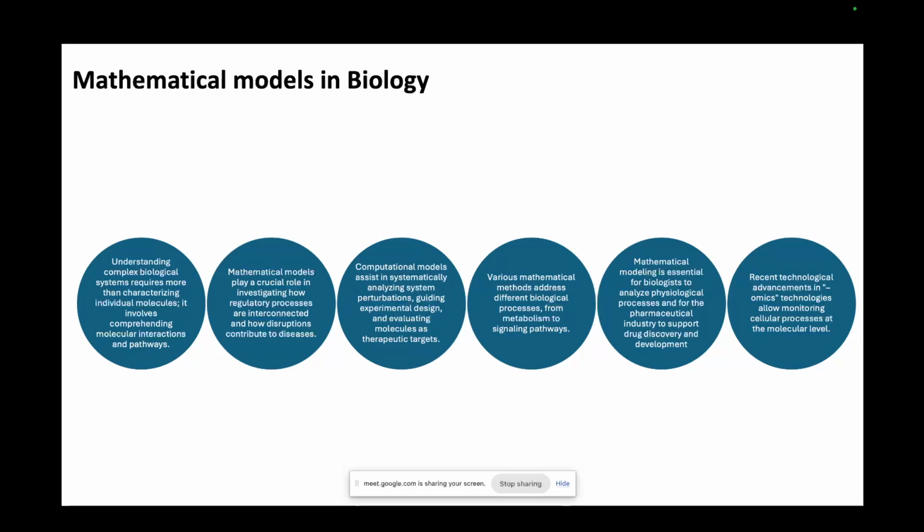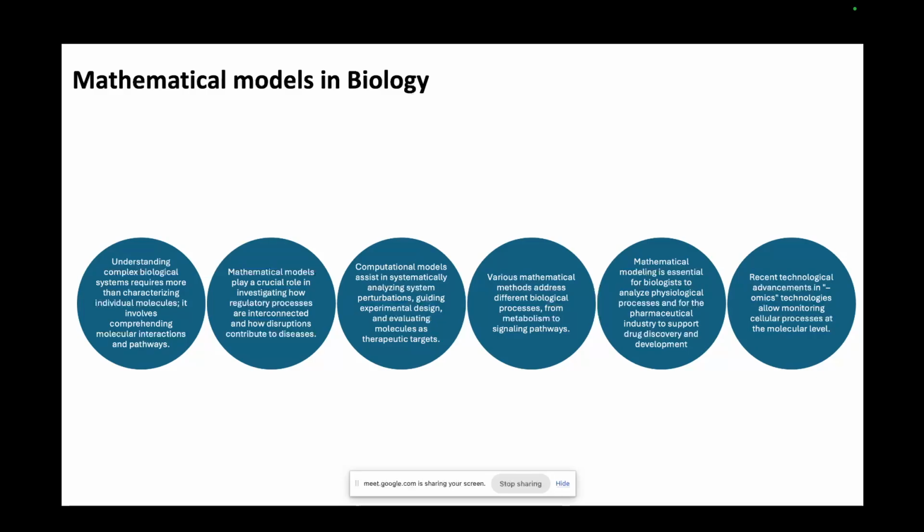Without those assumptions, we cannot even simulate those models, because they become very, very complicated. So we try to simplify the models using assumptions, but in real life those assumptions do not always hold. So there is always some error associated with these models. That is a very important thing to keep in mind.